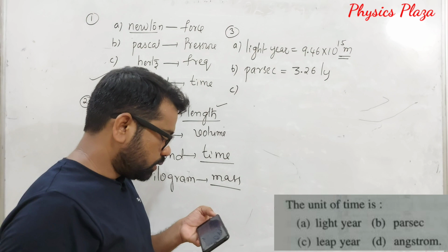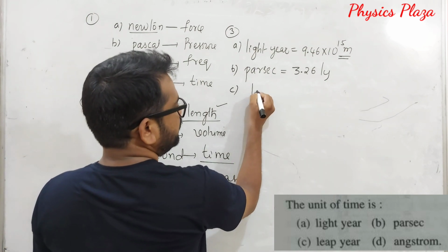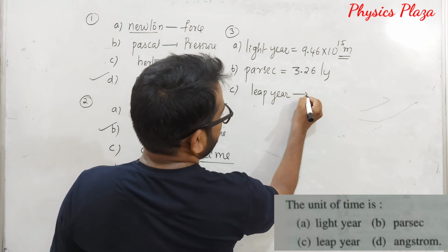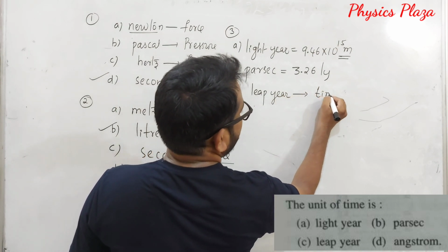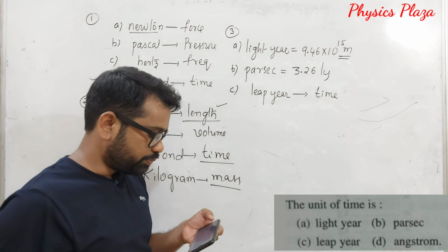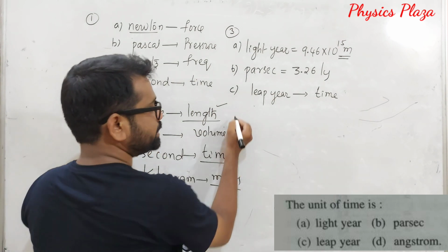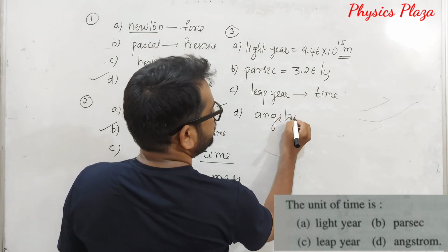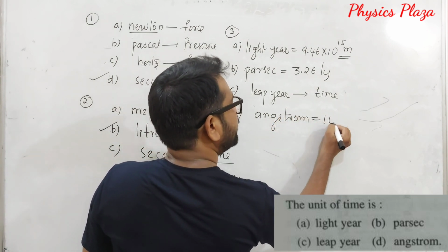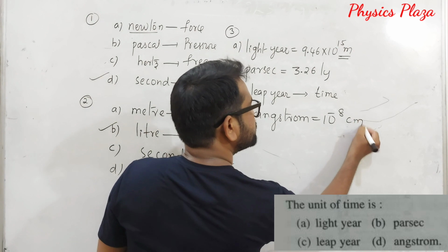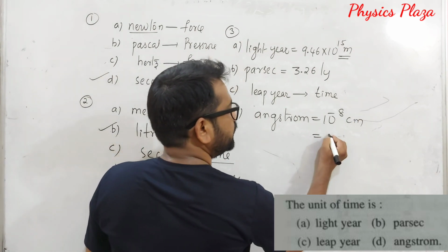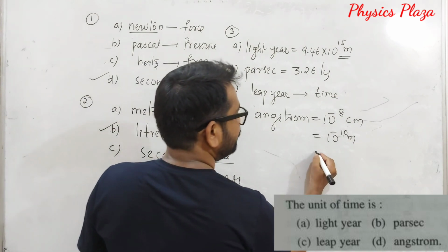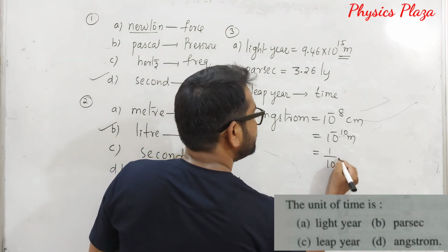C, leap year. Children, leap year is a unit of time. And option D is angstrom. Here 1 angstrom is equal to 10 to the power of minus 8 centimeters or 10 to the power of minus 10 meters, or we can express it as 1 by 10 nanometers also.